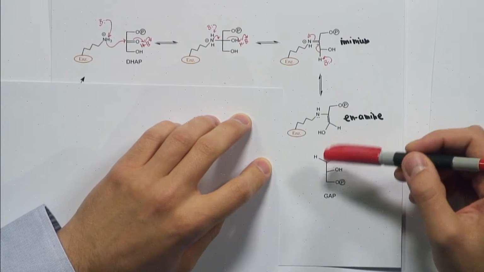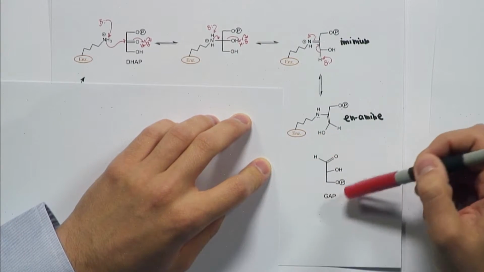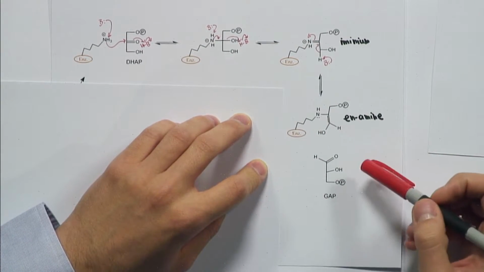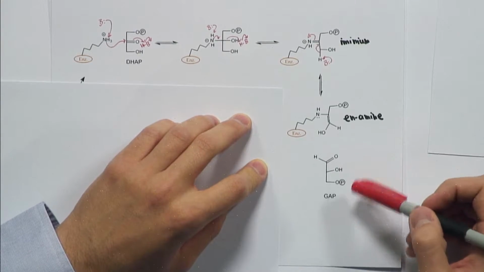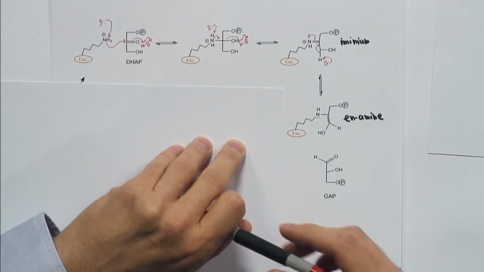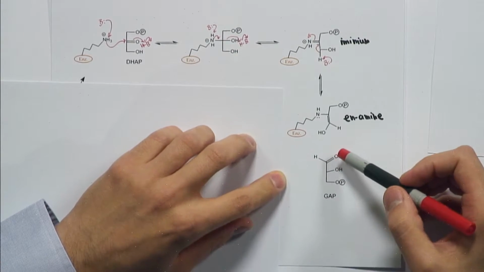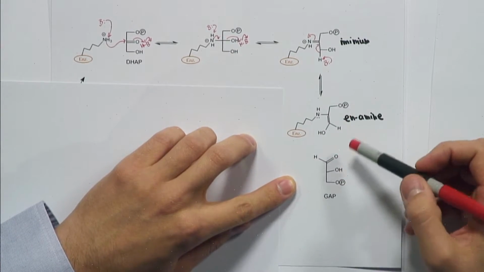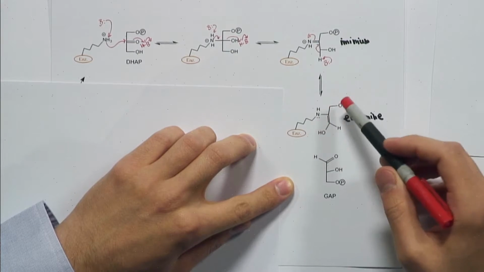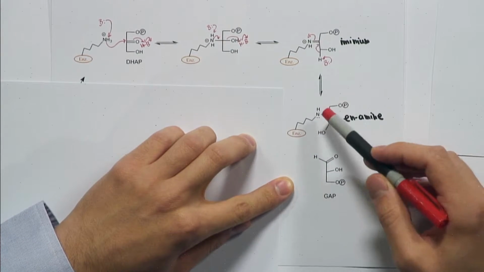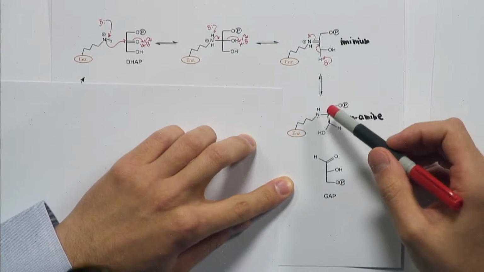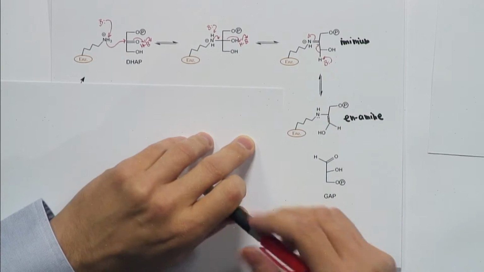Now it's poised to react with the other partner in the reaction, GAP, the glyceraldehyde 3-phosphate, which we've shown here. Now GAP is going to be the carbonyl component of this aldol reaction, while the enamine from the dihydroxyacetone phosphate is going to be the enolic component, right?